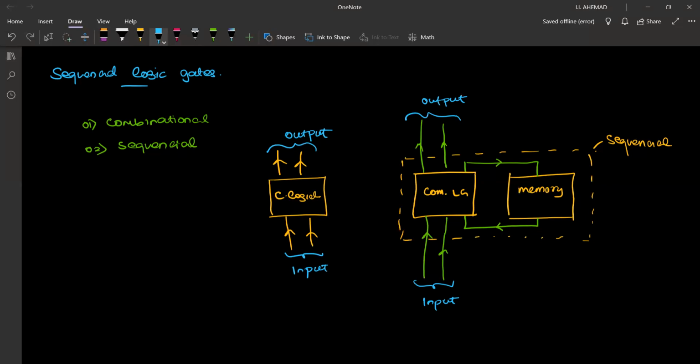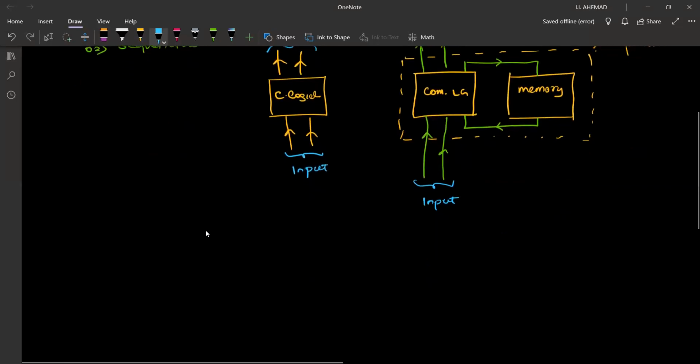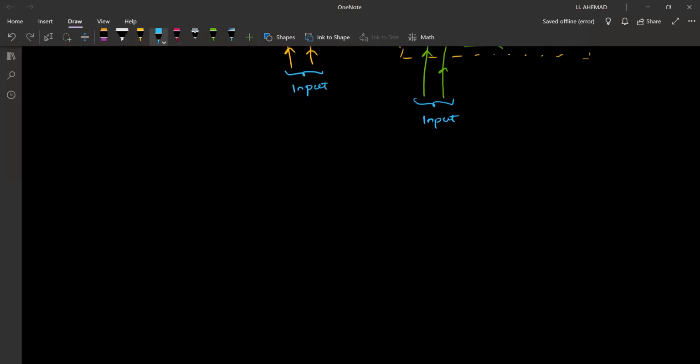The simplest sequential logic gate we can construct is the flip-flop. There are a few types of flip-flop, and the simplest memory element, or the simplest flip-flop, we can produce consists of two NOT gates.